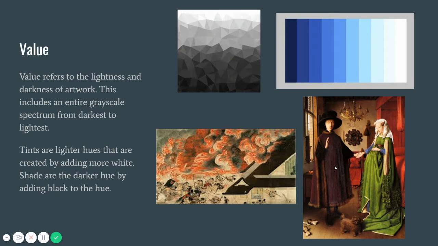Value. So value refers to the lightness and the darkness of the artwork. But this is not an either-or thing. It includes the entire grayscale in between. It's a spectrum from the darkest to the lightest. And when I say grayscale, that is an art term.